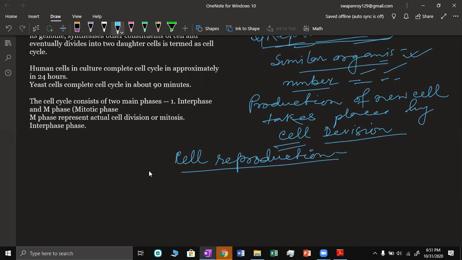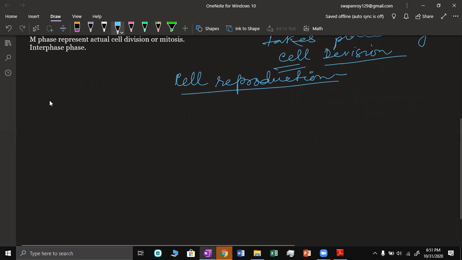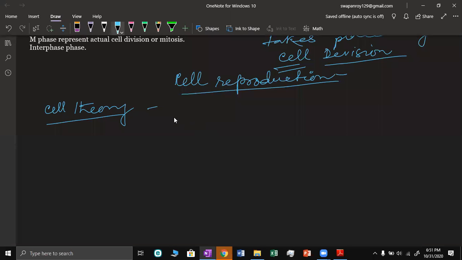I think we know the cell theory. Do you remember the cell theory? In the cell theory, two very basic and important things are there.